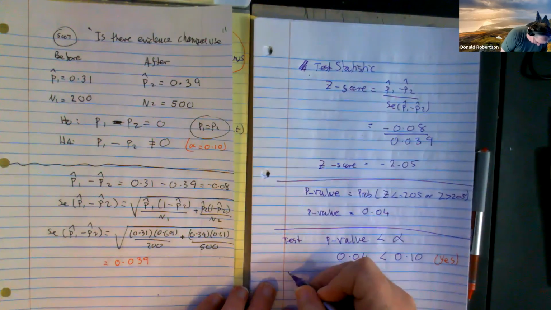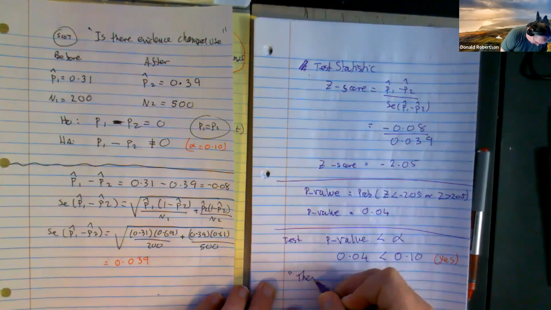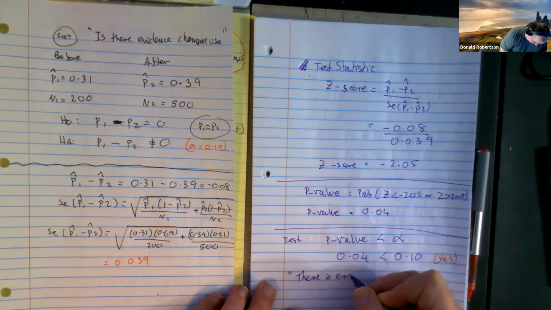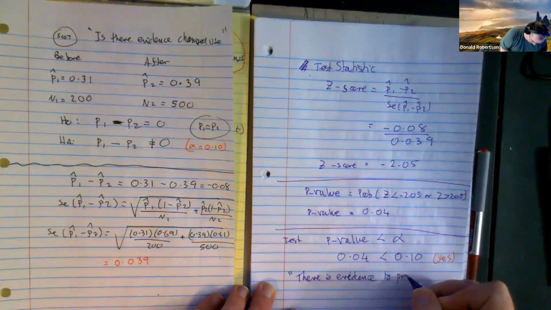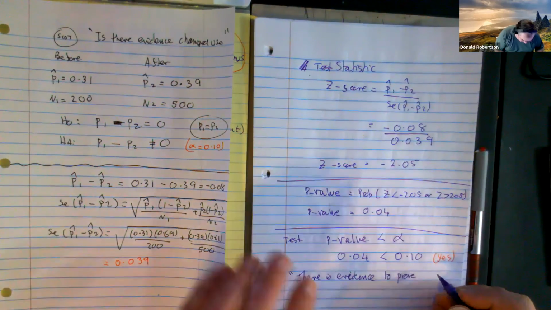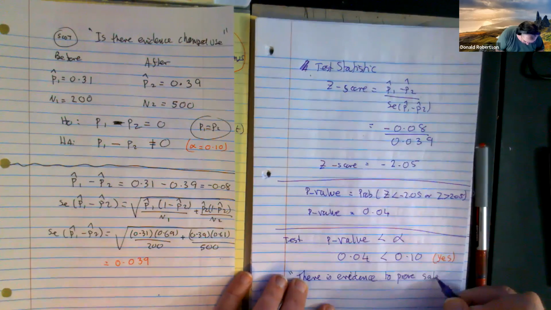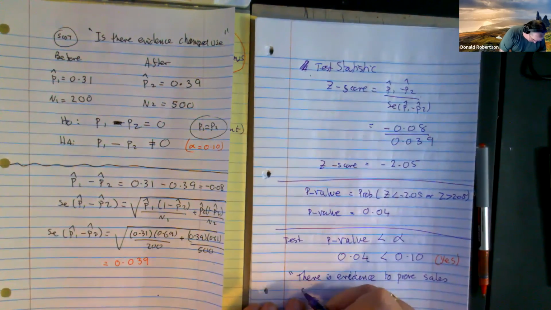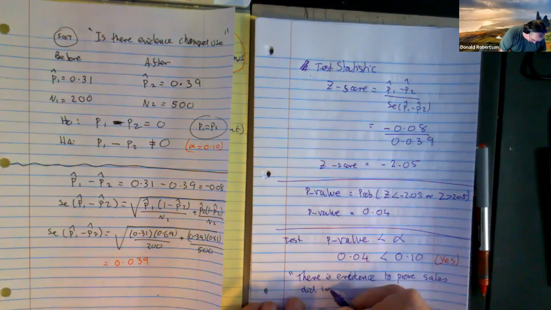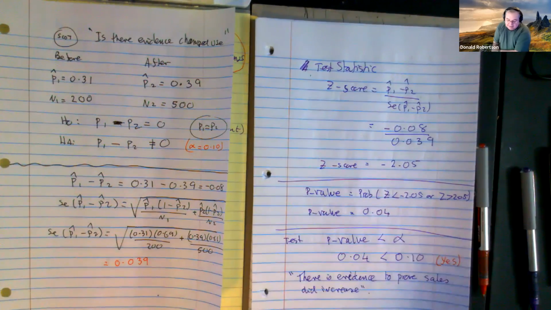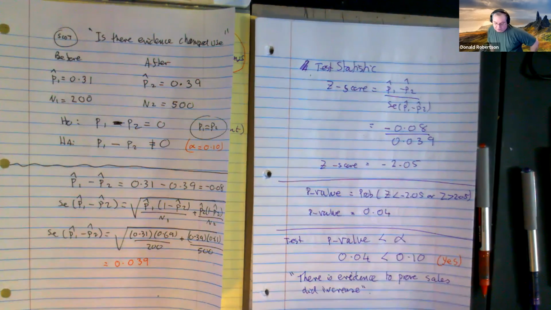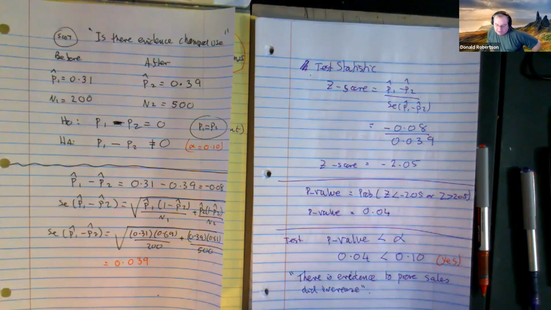So we can actually say there is evidence to prove sales did increase. So the advertising campaign did change it. And in this particular story, didn't they change it by making it increase?